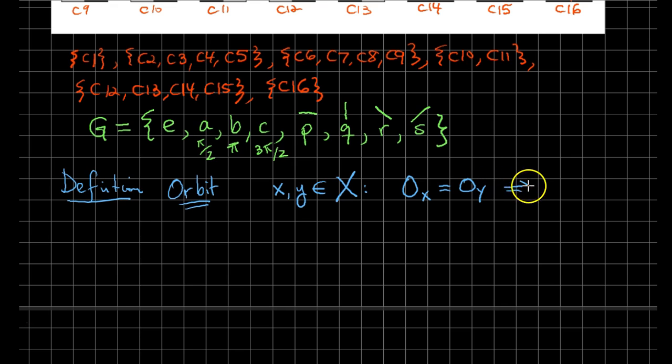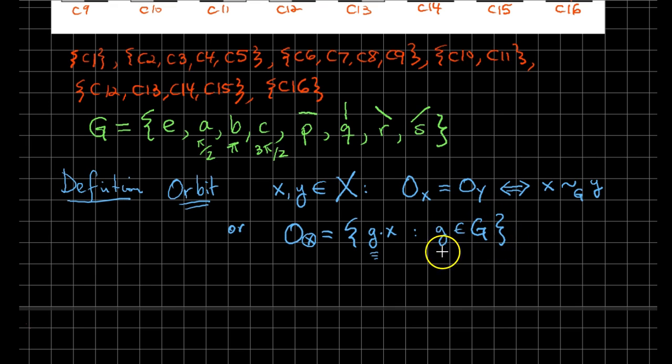This can equivalently be represented as X being indifferent under group actions to Y, or alternatively, you can write it as OX, the orbit where element X lives, is equal to all the other colorings that can be obtained by applying a group action, one of our symmetries, to our element, where little g, the symmetry, comes from the group itself. So that's a pretty straightforward definition.